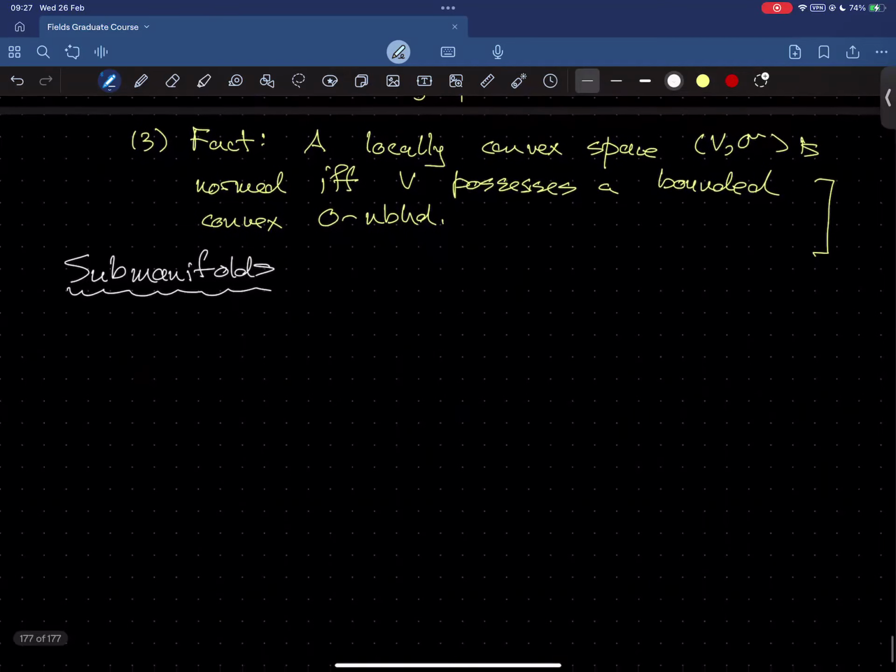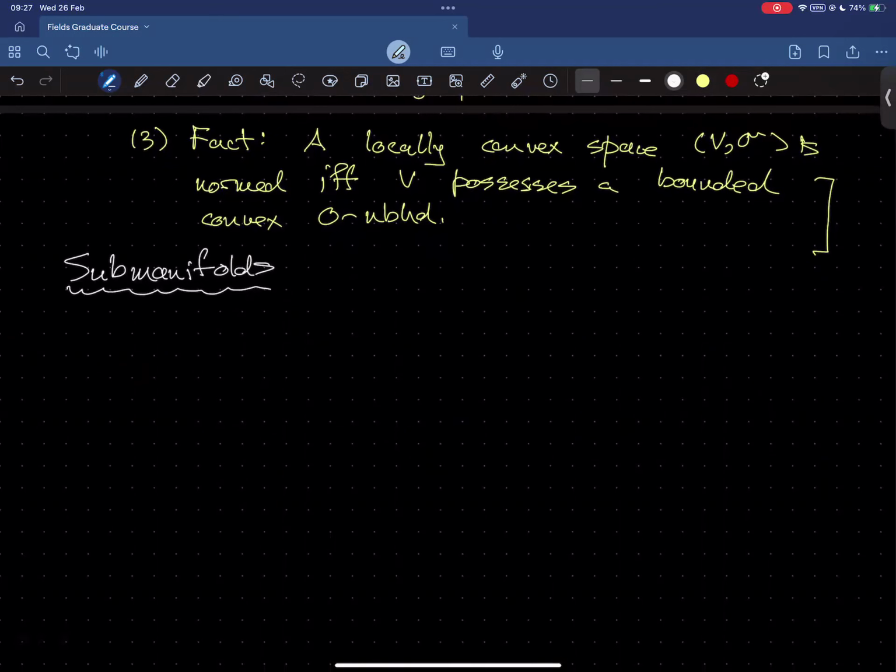Submanifolds have the usual property of things that are sub-things, and that is a submanifold should be a manifold. So we're going to define a certain kind of subset of a manifold, which inherits from the space in which it sits its manifold structure.